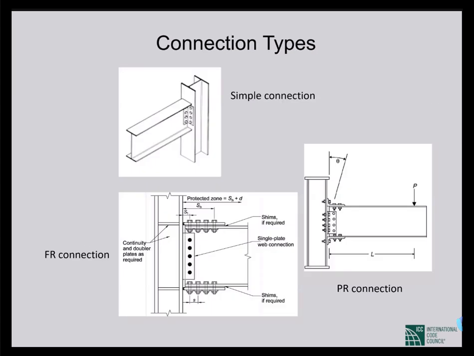Now, if we see some figures for our understanding. I'm pretty sure that most of you are very much well aware of simple connections and moment connections. Simple connections don't transfer moment. So what happens if we want to transfer moment? We need to know where the flexural stresses are more and where the flexural stresses are less. The flexural stresses are maximum at the extreme fibers, right? And they're nil at the neutral axis.